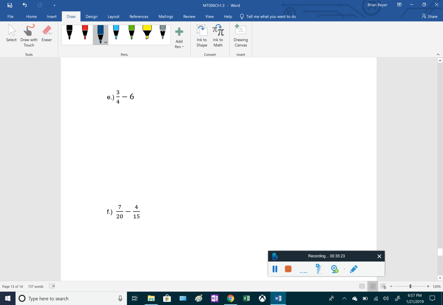Okay, so let's do the next one. Once again, we do not have common denominators. So 3/4 minus 6 over 1. The least common multiple of 4 and 1 is simply going to be 4.